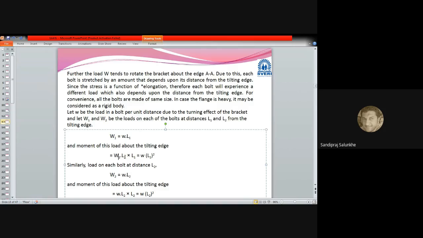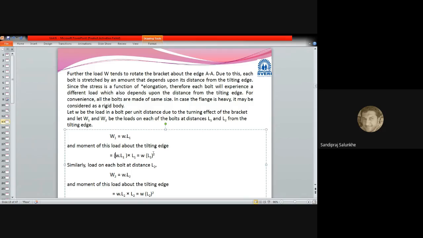Small w into L1 is the load, and this is force multiplied by distance, that will be the moment. So it will be small w into L1 square.